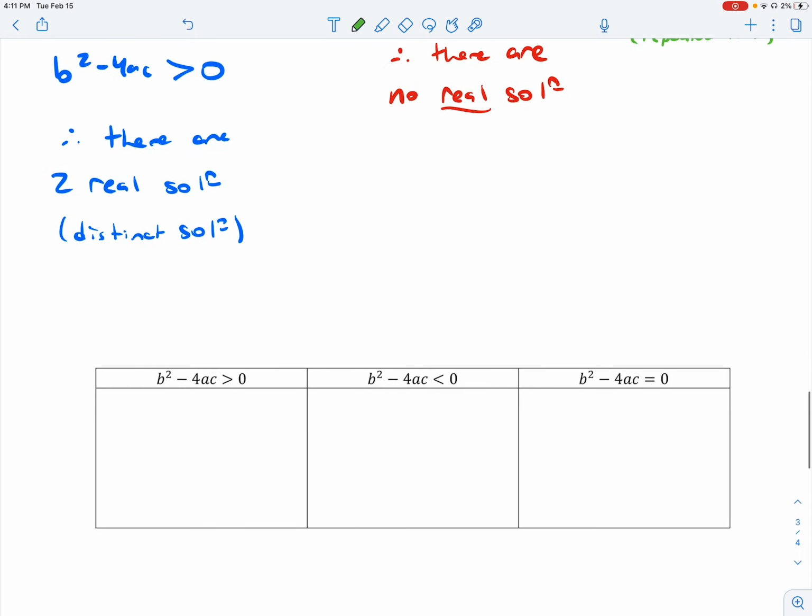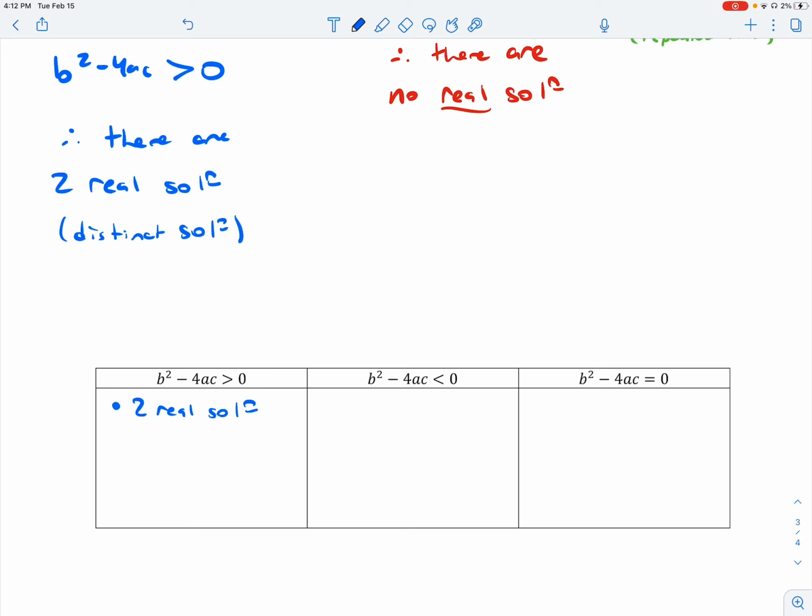Okay, let's go down to the bottom here. There's a little bit of a table. So just to summarize, if the discriminant is greater than 0, then there are two real solutions. Just switch to blue here. Two real solutions.